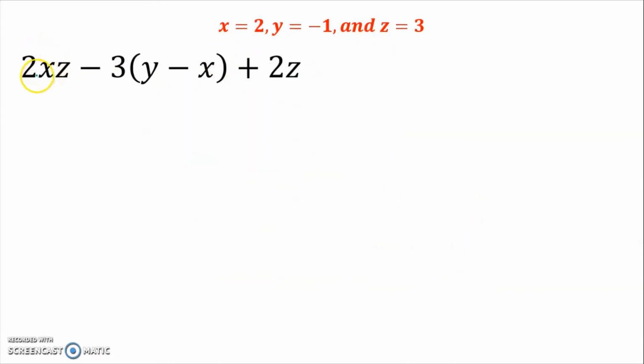We have 2xz minus 3 open bracket y subtract x close bracket plus 2z.